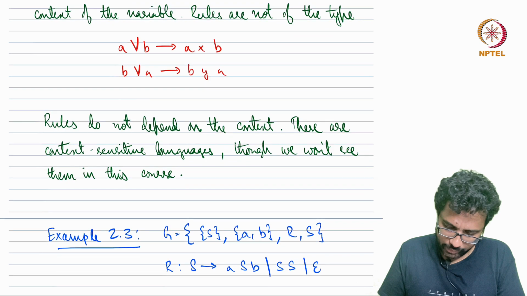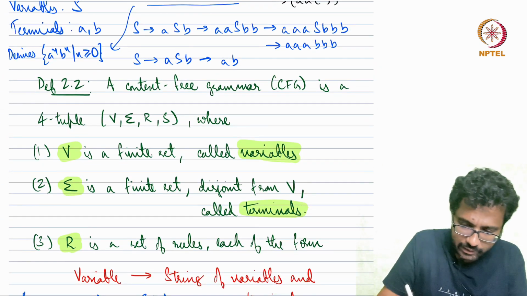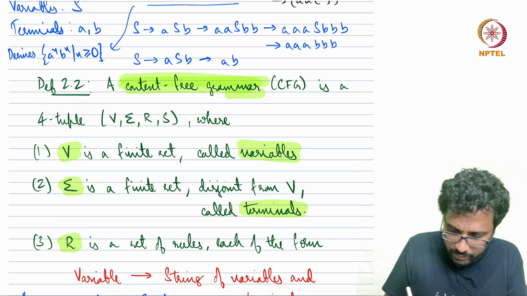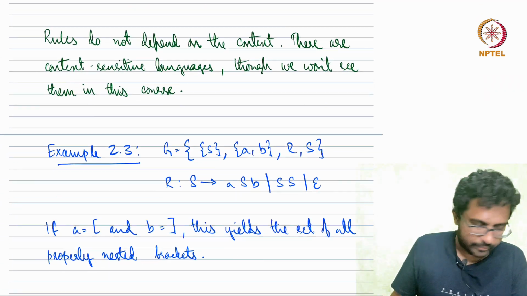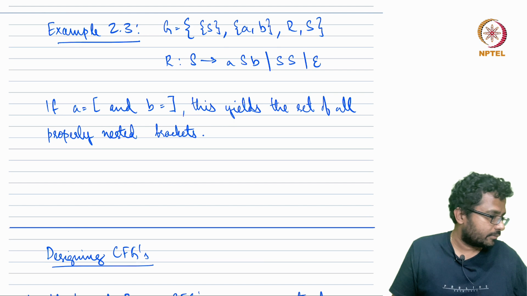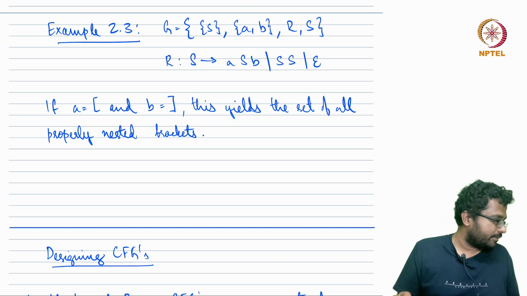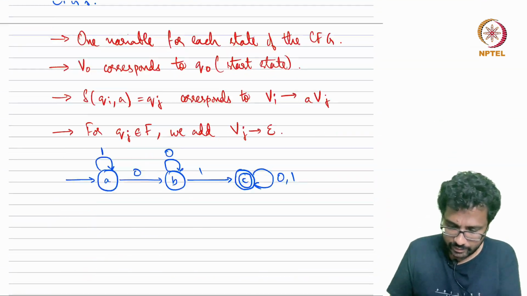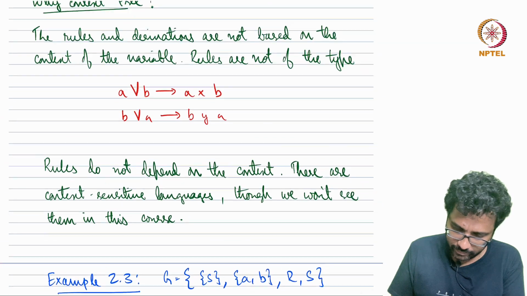Even though I have not formally stated this, so this is a context-free grammar. I have not formally written this, but a context-free language, maybe I will just write it here. A context-free language is something that can be generated using a context-free grammar.